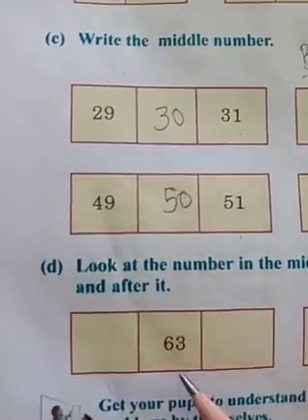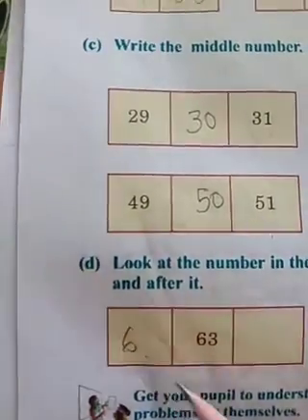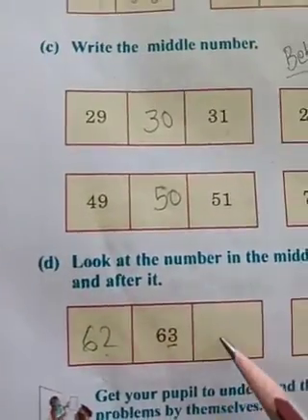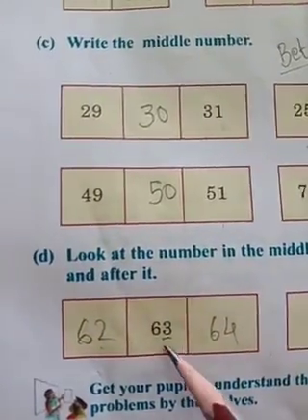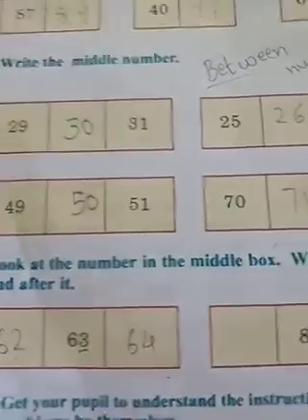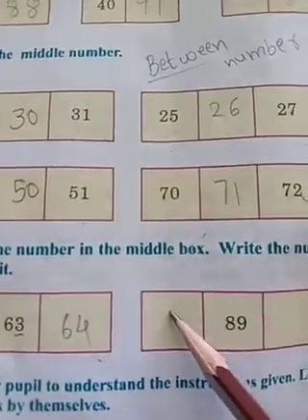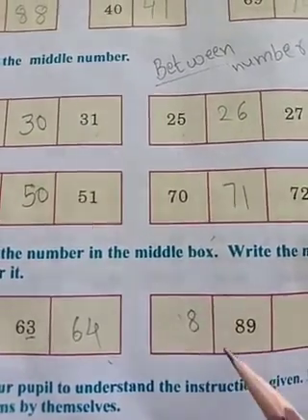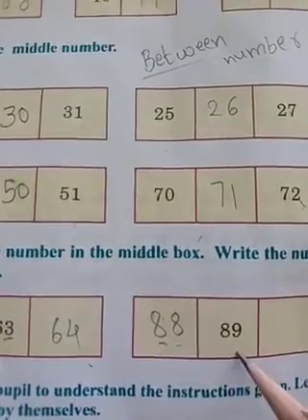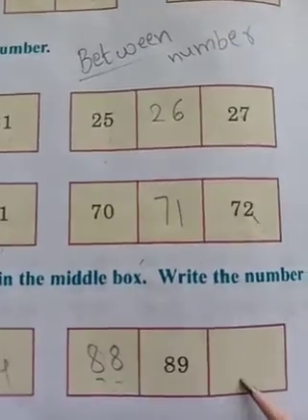See here 63. 63 before number. 6 tens, 3. Before number is 62. After number is 64. 62, 63, 64. See here 89 is given. 89 before number is 88.